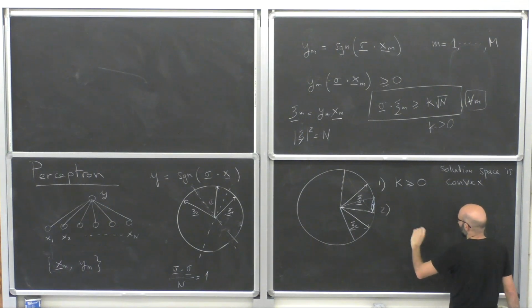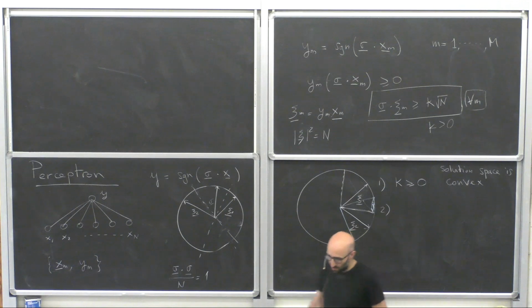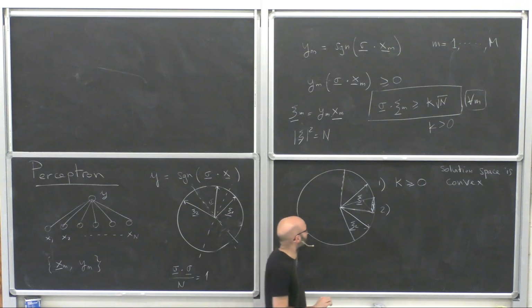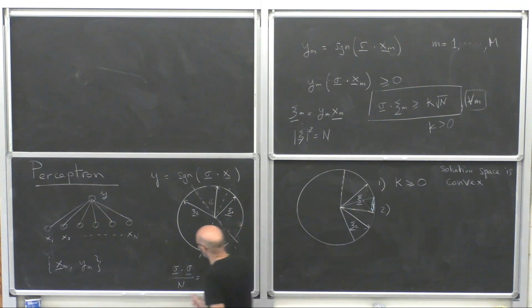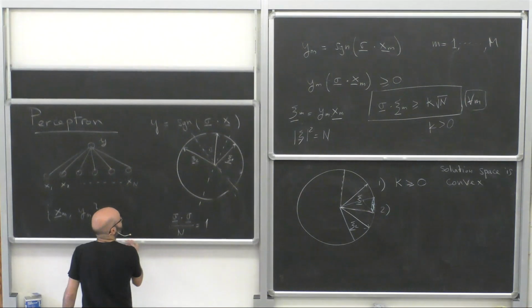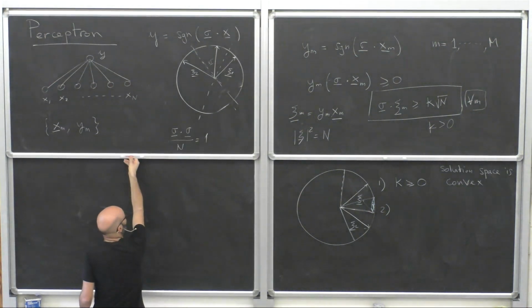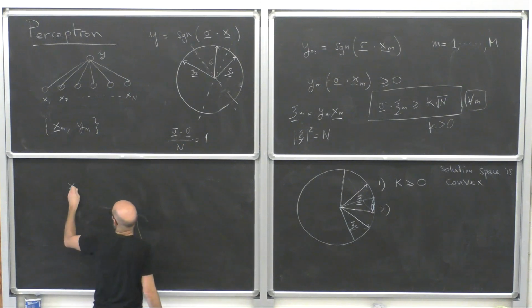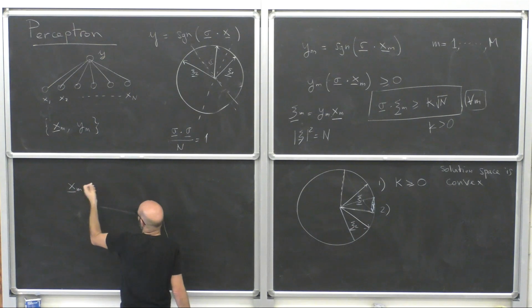So let's now focus on one specific problem, which is the problem of fitting noise, okay? Why would you like to fit noise? Well, first of all, let me tell what I mean by fitting noise. I'm going to take xm to be a Gaussian vector.